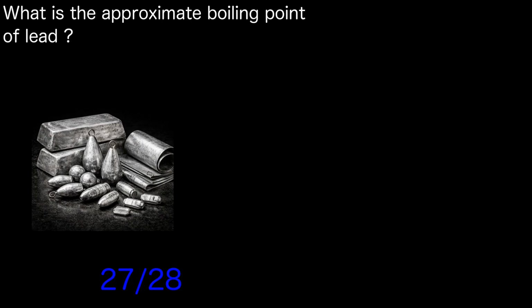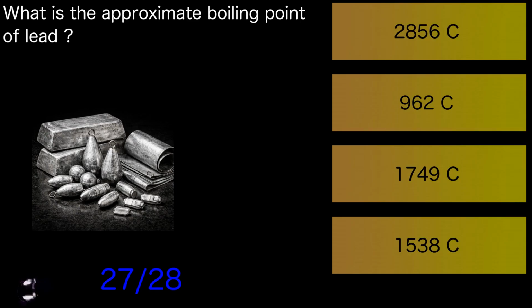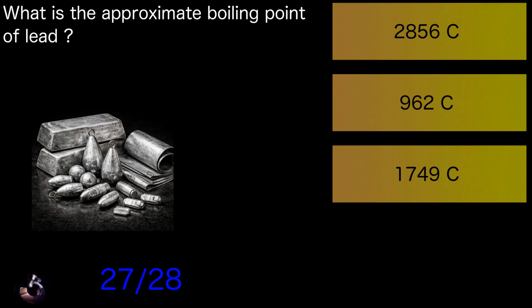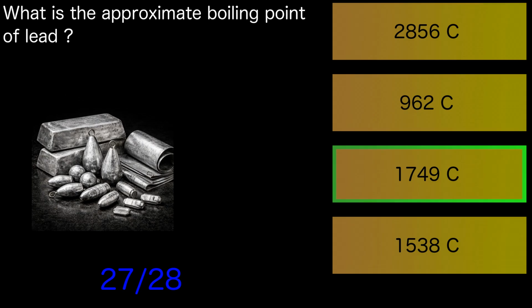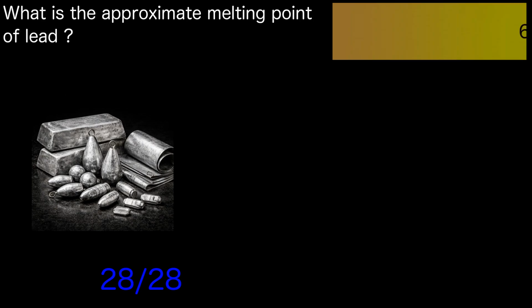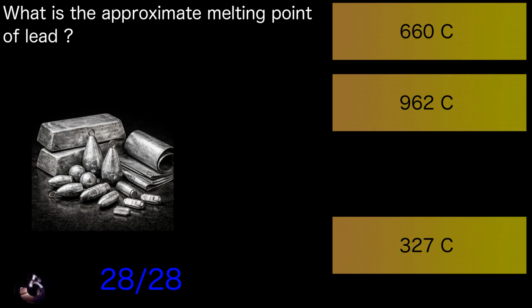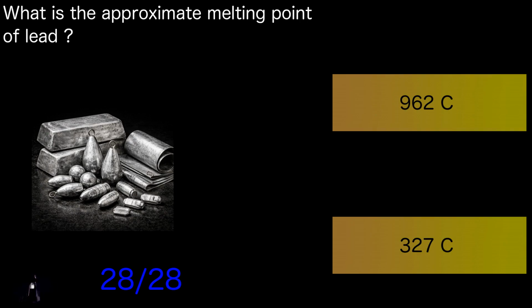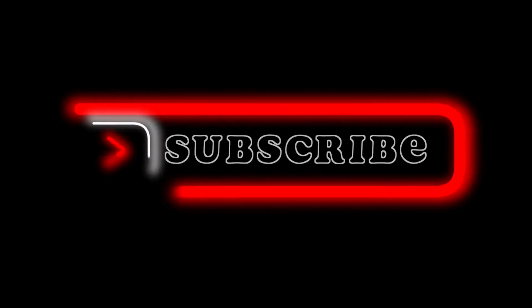What is the approximate boiling point of lead? 1749°C. What is the approximate melting point of lead? 327°C.